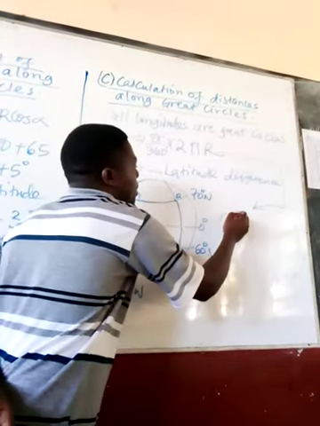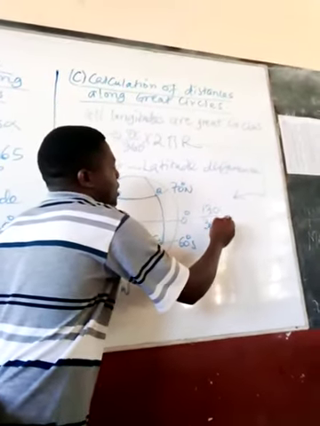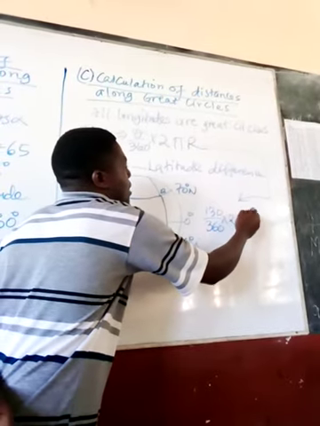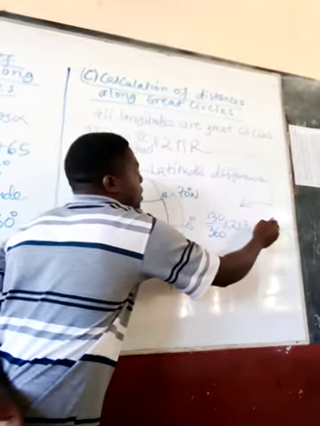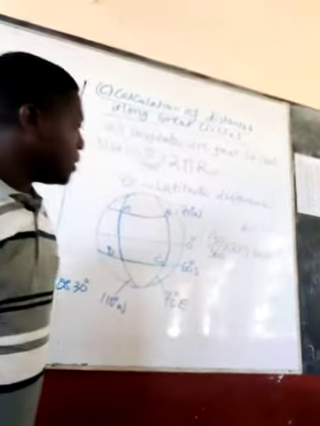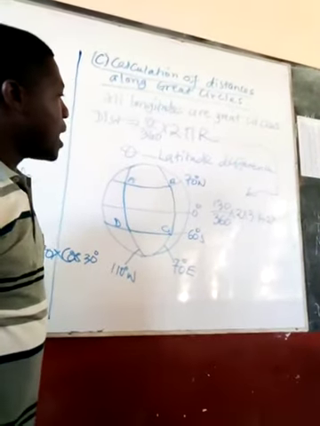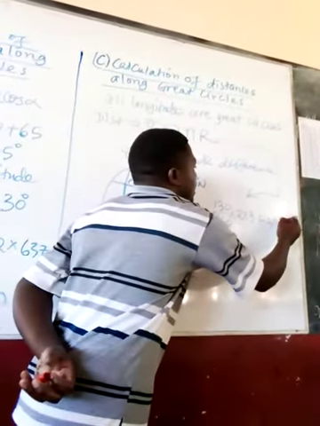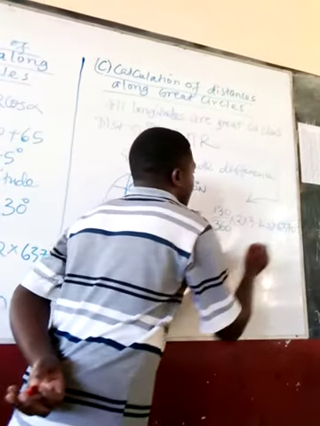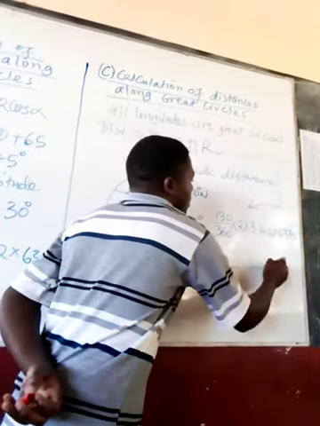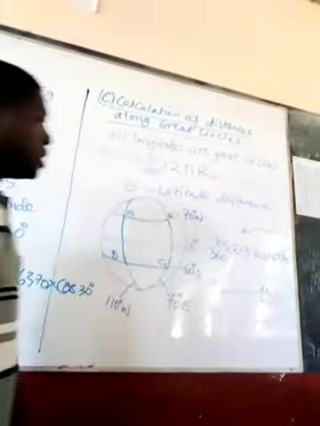So we shall take 130 out of 360 times 2. Let's take our pi to be 3.142. Theta over 360 times 2 pi r. R is the radius of the Earth, which is 6370. And when you press your calculator, you get your answer here in kilometers.